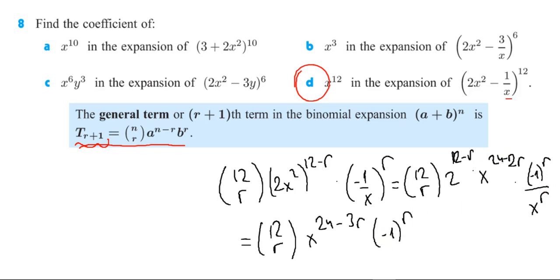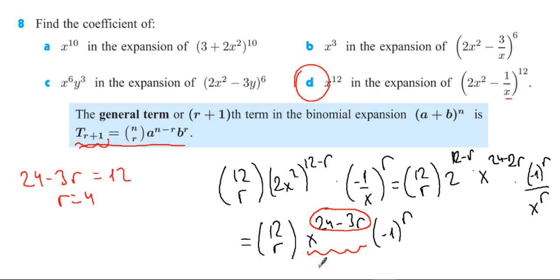So I need to find for which r I can get x to the power 12. I need to ask myself, which r will make it 12? You just need to go 24 minus 3r equals 12, and from here r must be 4. If r is 4, then you can find the term.